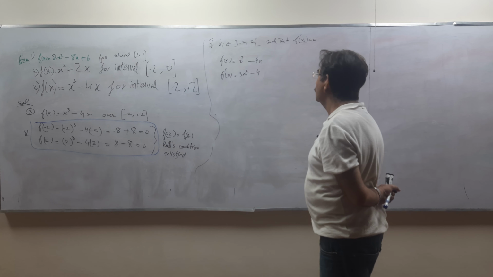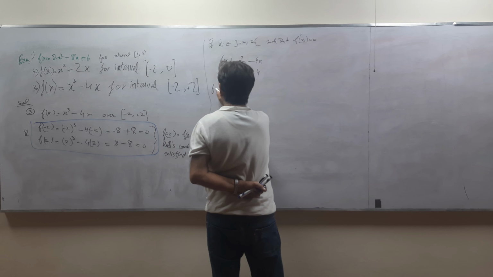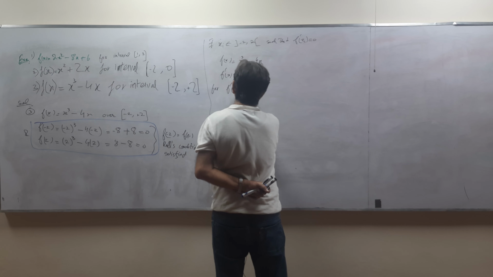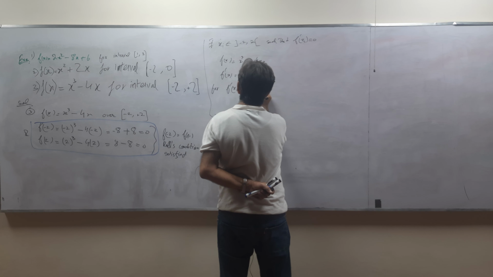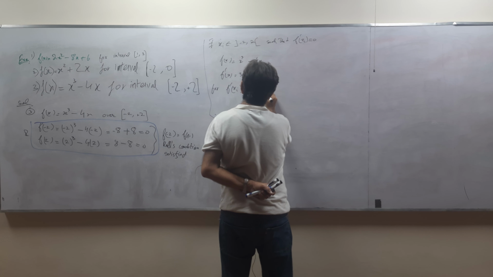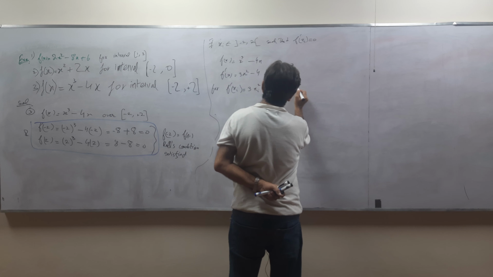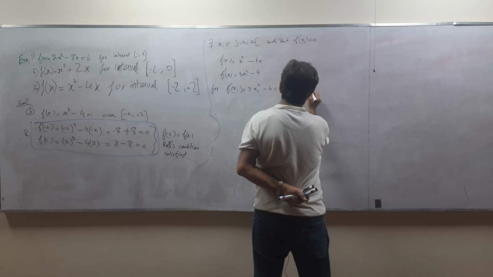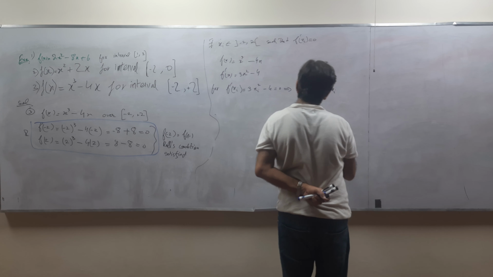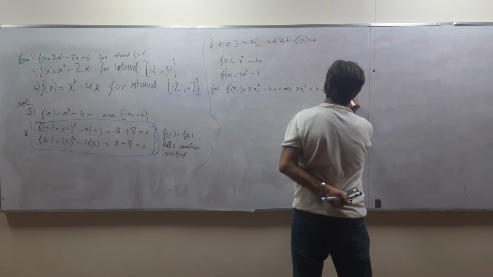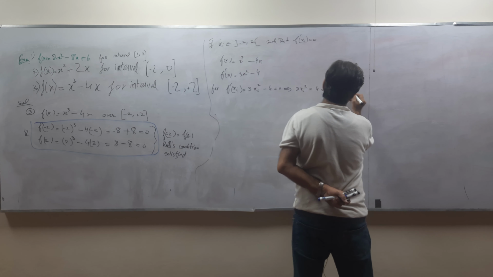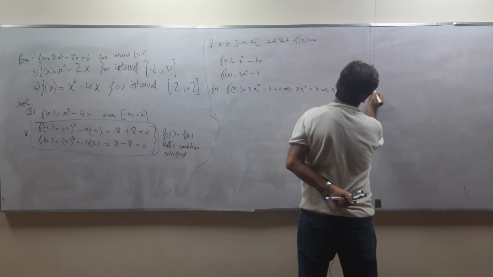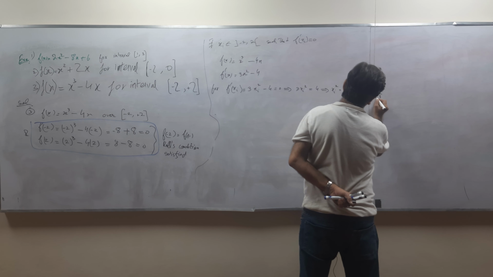So for f dash xi, 3xi square minus 4 equal to 0 implies that 3xi square equal to 4, which implies that xi is equal to plus minus square root of 4 divided by 3.